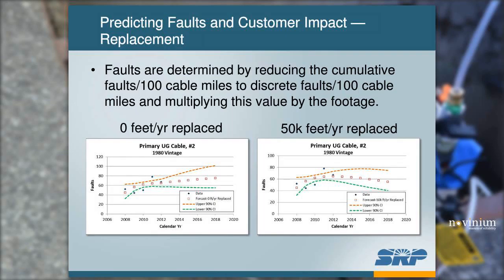The one on the left, we're going to replace 0 feet per year versus the one on the right, 50,000 feet per year. You can see the data with the blue diamonds, the model fit with the maroon squares, if you will, and then we have some confidence limits on there at 90%. And you can see the effect of replacing 50,000 feet a year. You can see how the faults end up trending downward over the next 6 years.